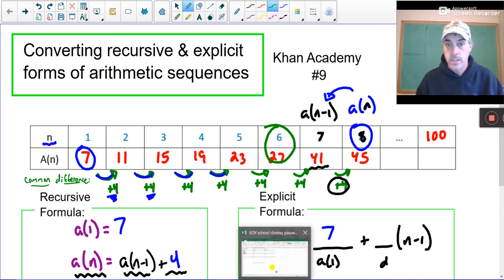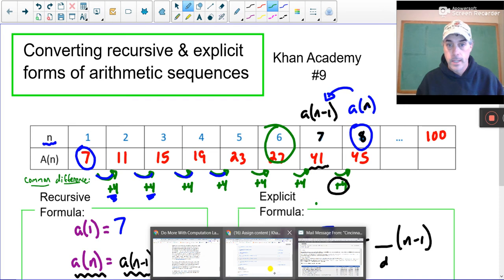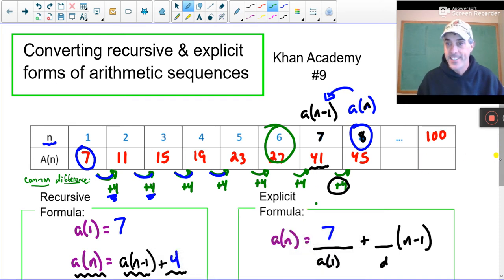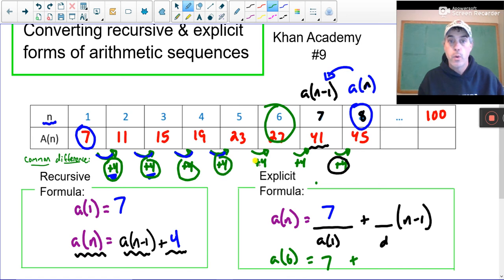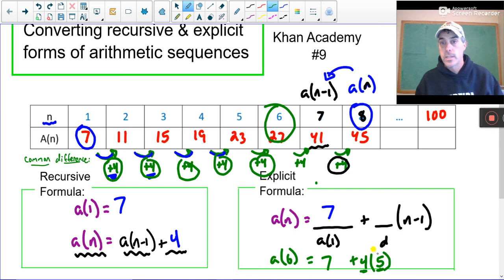If you want the 6th term, then you would have to start off with the first term. And then for the 6th term, we would add in 1, 2, 3, 4, 5 common differences. So I would add in 4 times 5. 4 is my common difference, and I would need 5 of them. The 6th term needed 5 common differences.